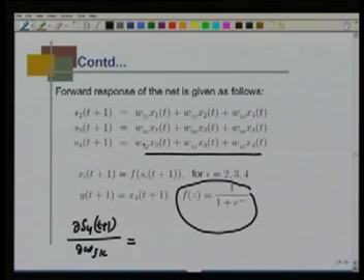So, this is a constant term w42, and x2(t) you differentiate with respect to w_jk. By definition, this is p_jk^2(t).